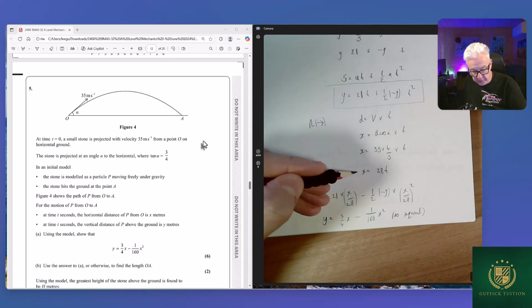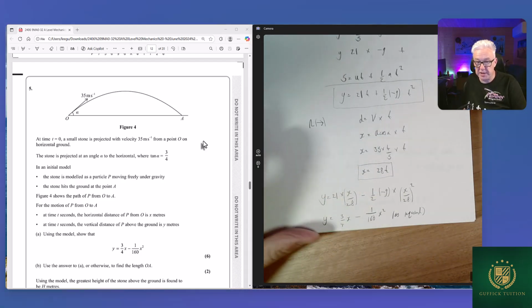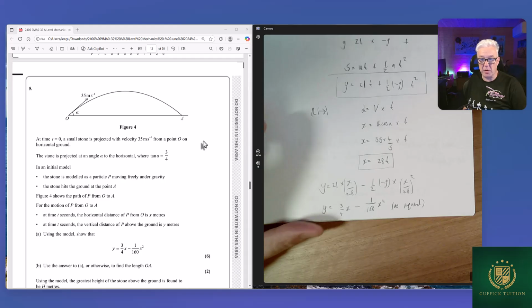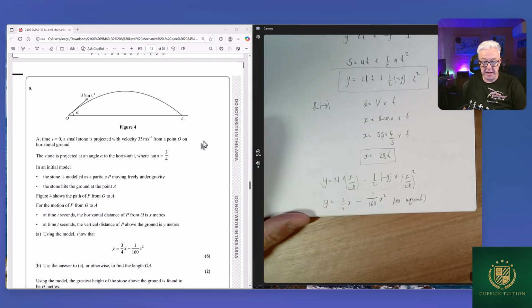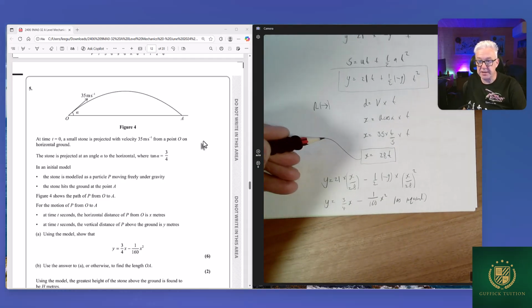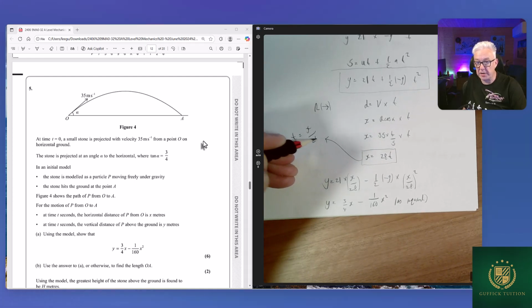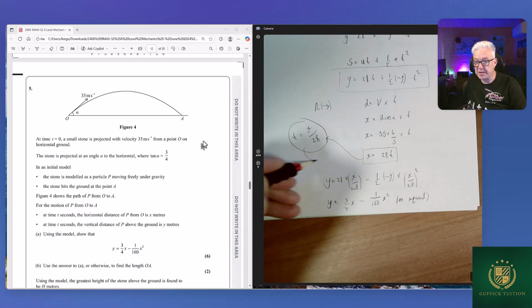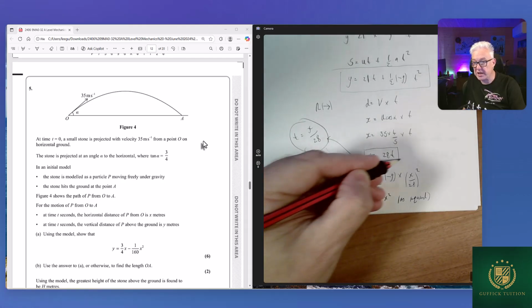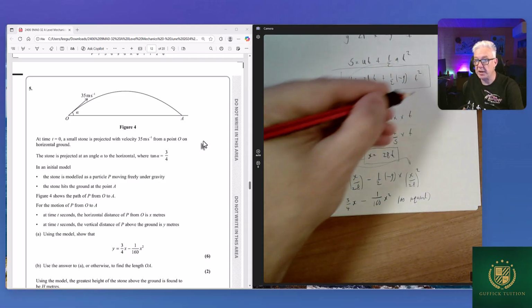Now, once you've got these two equations, you'll notice that the equation that we're being asked to derive in the question has no t in it. So we need to take this second equation, make t the subject by saying that t is equal to x divided by 28. And we're going to sub that result in for t into this equation here.